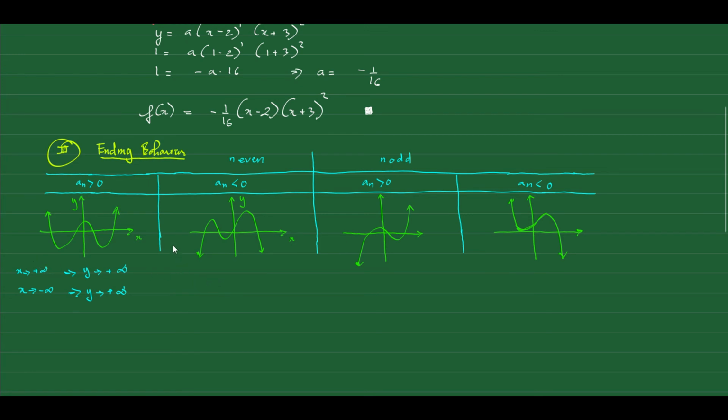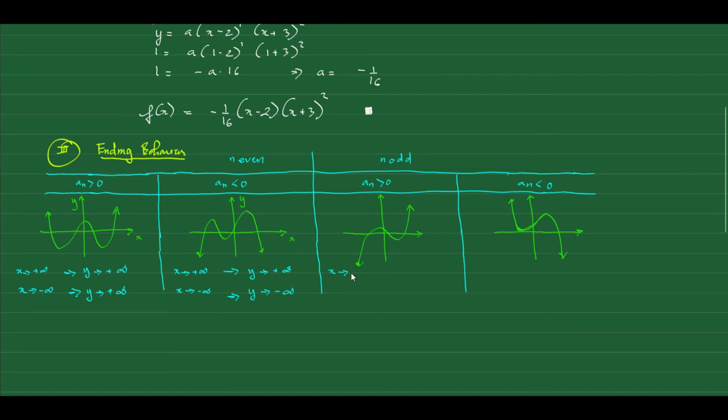The same thing over here. Let me make it a little bit longer. When x approaches positive infinity, the function goes down. When x approaches negative infinity, the function still goes down.